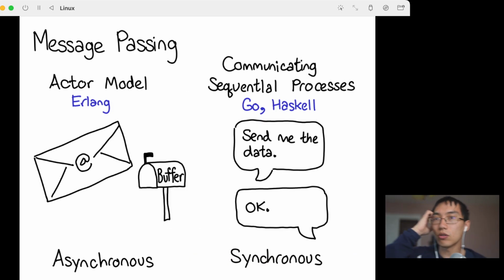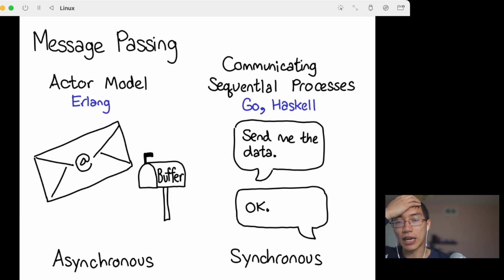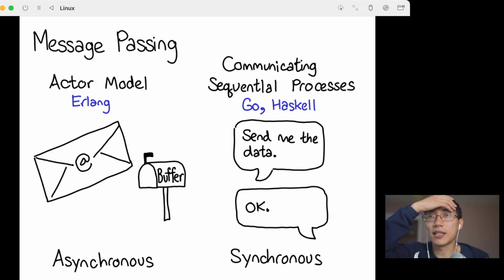So there's 2 models for message passing, and the way that I would distinguish them is basically whether or not they are so-called asynchronous or synchronous. Asynchronous message passing is kind of like how the post office works, right? You want to send someone a letter, so you put your letter in your mailbox, and then at some indeterminate future point in time, that letter eventually makes it to its destination.